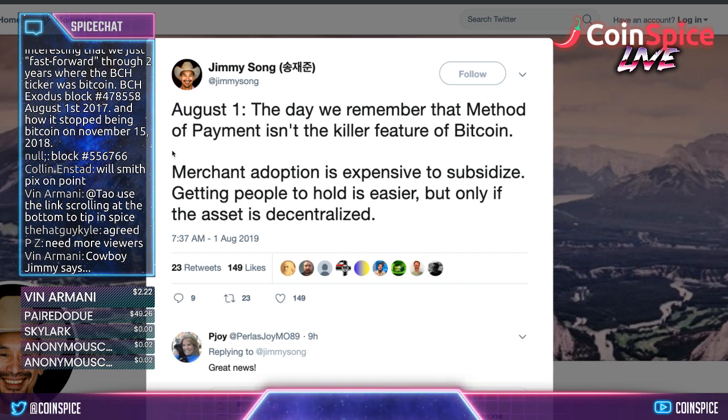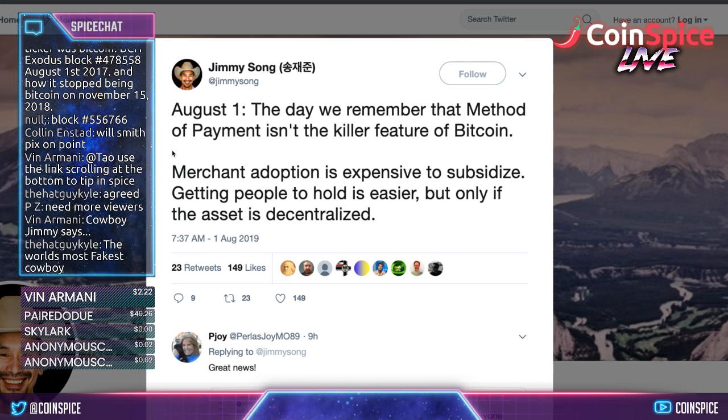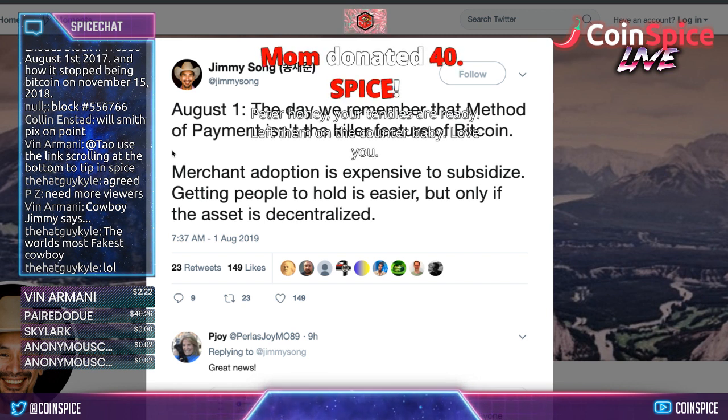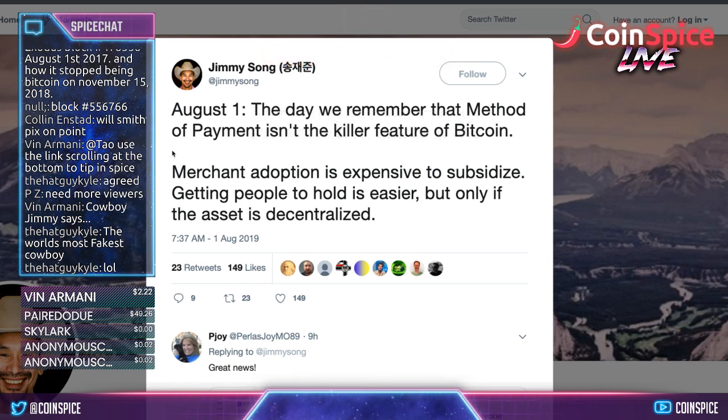the method of payment isn't a killer feature of Bitcoin. Can you imagine someone saying that, 2016, 2015, 2014, 2013, 2012, going all the way back, whenever you may have first gotten into it? The entire impetus of this movement was to give money to the world, to give a way to transfer value that no one could censor, that was not only super inexpensive, but also super fast, so that you weren't waiting days, you weren't waiting weeks, and you weren't waiting who knows how long, which ended up happening when the blocks got full on BTC.